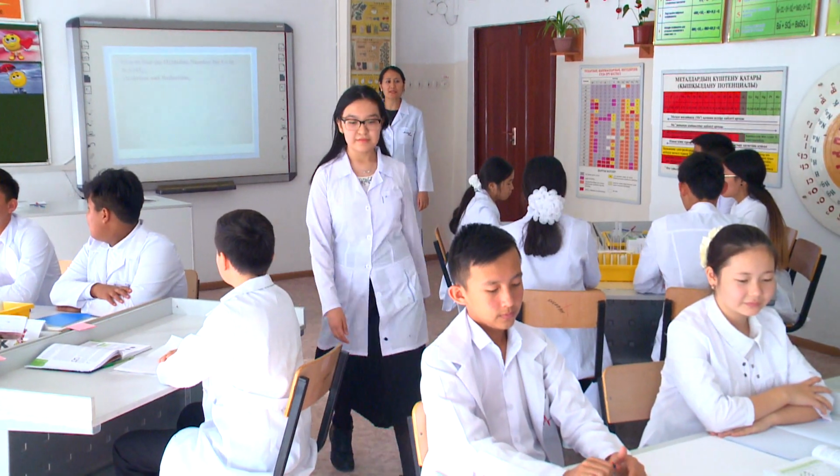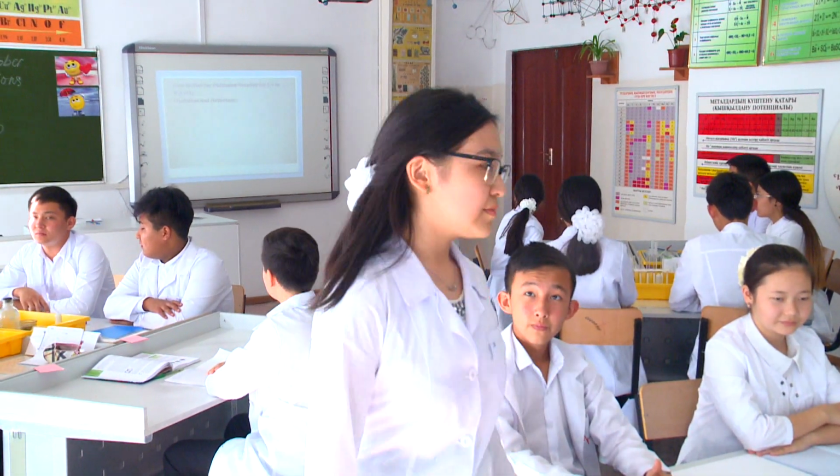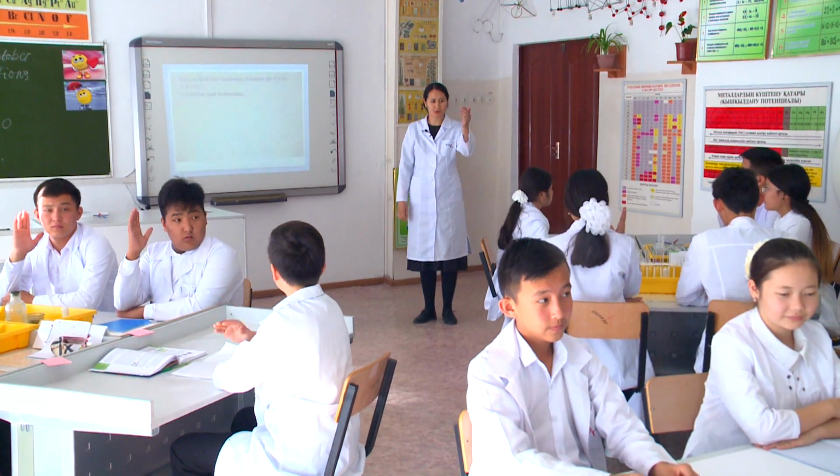Now, what else can you add to today's topic? Arujan, please. Oxidation involves an increase in oxidation number, while reduction involves a decrease in oxidation number. Usually the change in oxidation number is associated with a gain or loss of electrons, but there are some redox reactions that do not involve electron transfer.